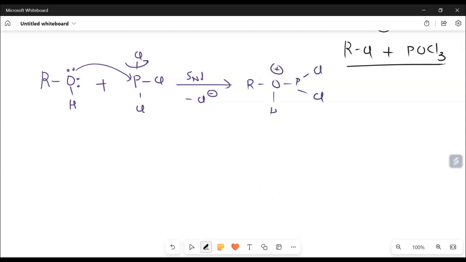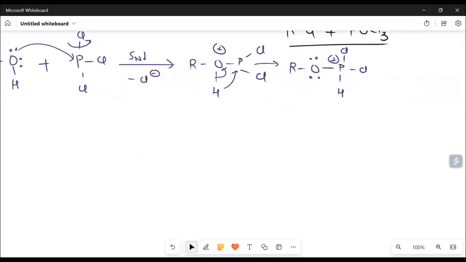This is your H. What will happen here? This hydrogen will go and form the bond with the P. So this bond shifts here and this hydrogen attacks on P. So it will form R, O with lone pairs, P positive charge, because H plus is attached to it.